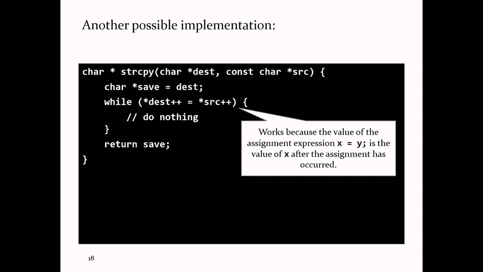A is not 0, so keep on going. Sorry, it evaluates to true. So in this example, the assignment evaluates to the character A. A is not 0, so advance the pointer dest and advance the pointer source. Now source and dest both move one to the right.